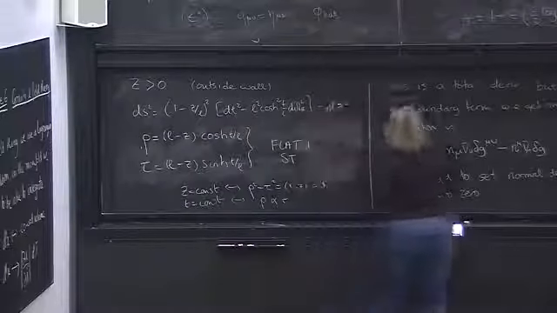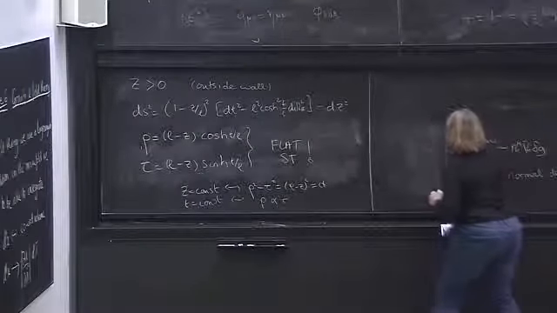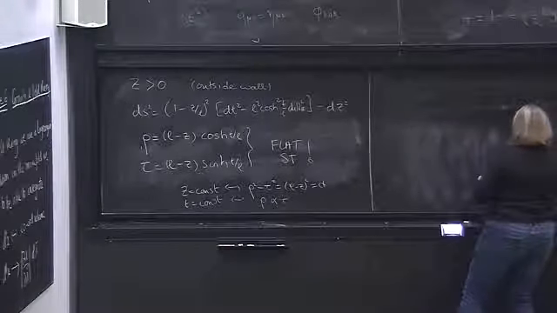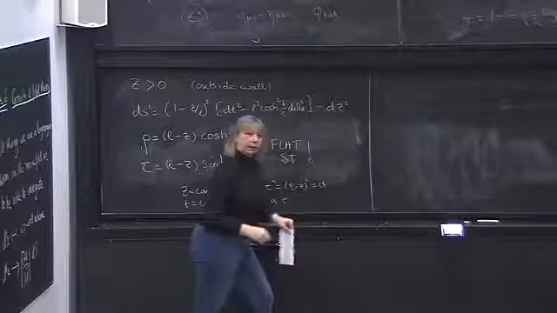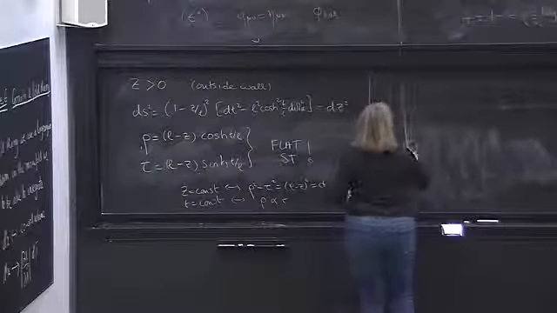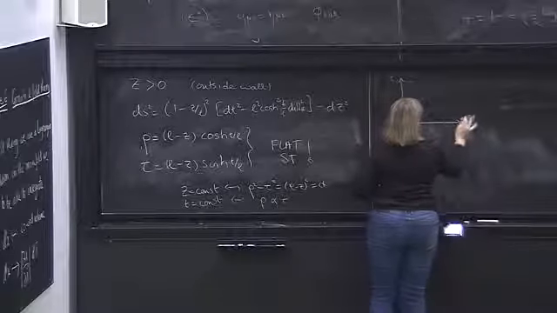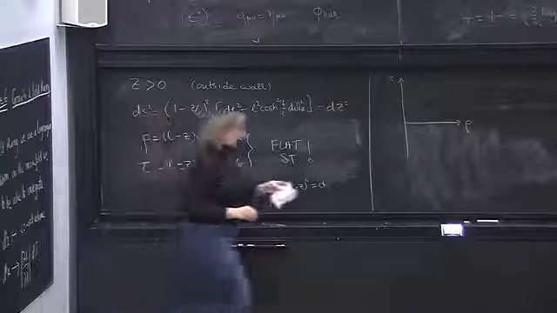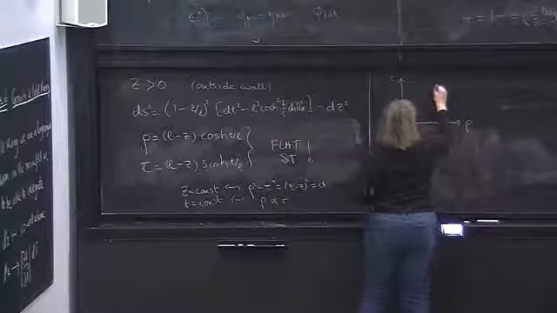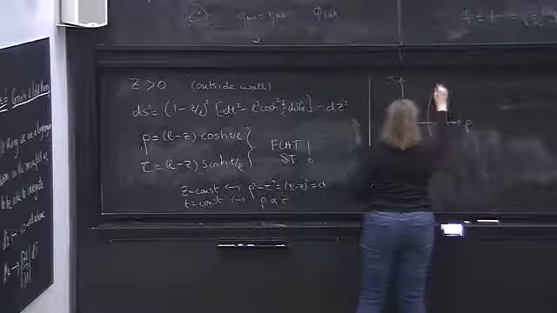So if I now just sketch what I've got, I have flat space. So here's my tau coordinate and my rho coordinate. Z equals constant is a hyperboloid. So in particular, Z equals 0 will be a hyperboloid.